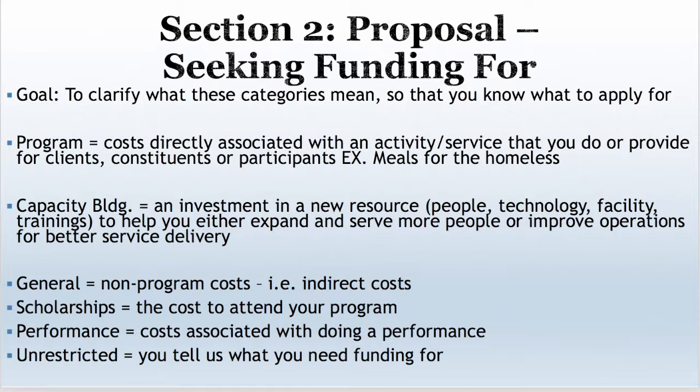Our general funding request is for anything that is an indirect cost, and our scholarship option is to give program participants the opportunity to participate that otherwise couldn't pay for it if your program is a fee-based program.